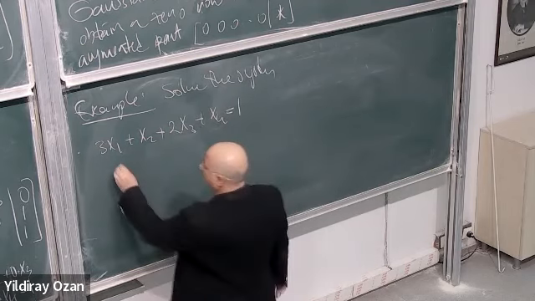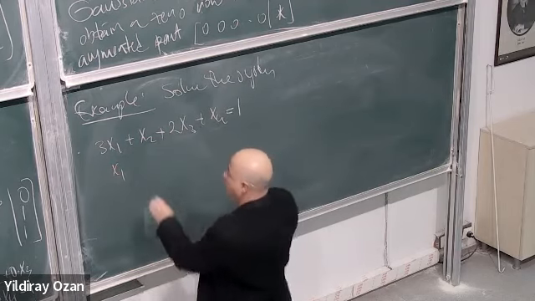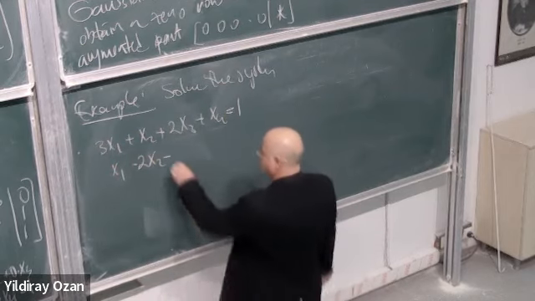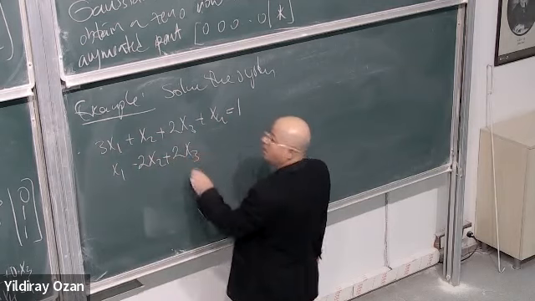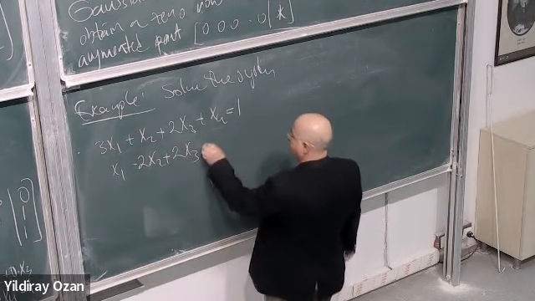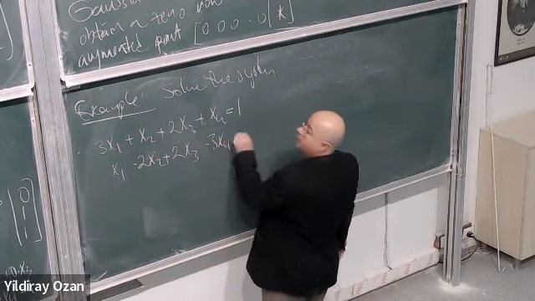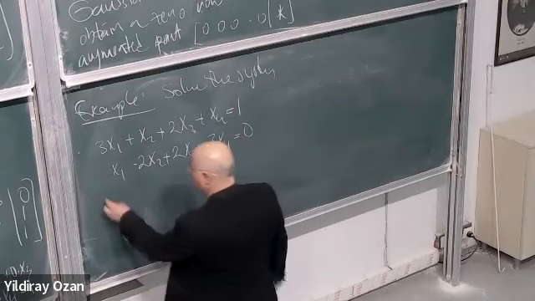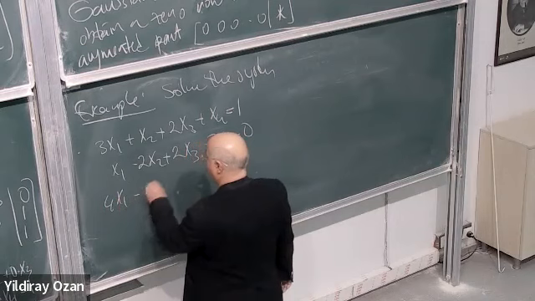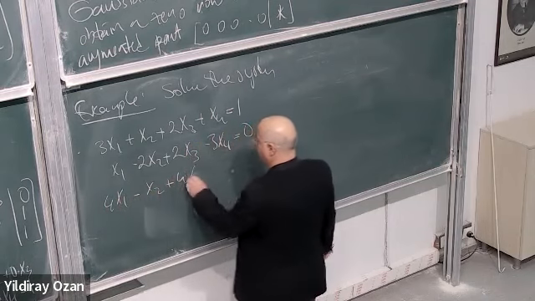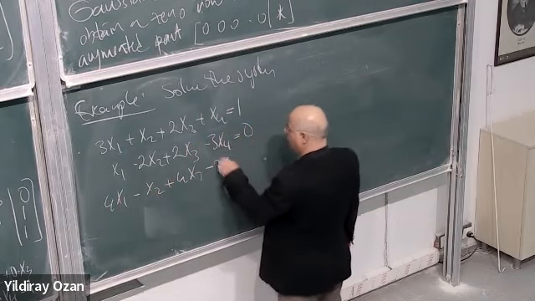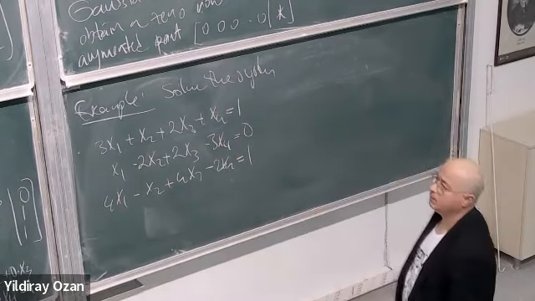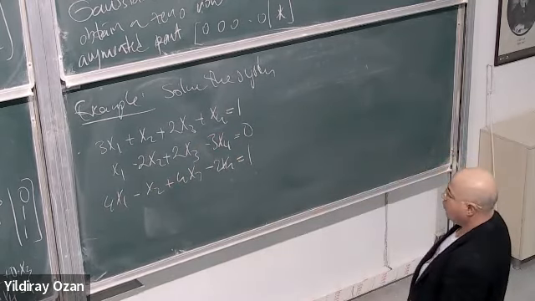And then x1 minus 2x2 plus 2x3 minus 3x4 equals 0, and then 4x1 minus x2 plus 4x3 minus 2x4 equals 1. Okay. All right.